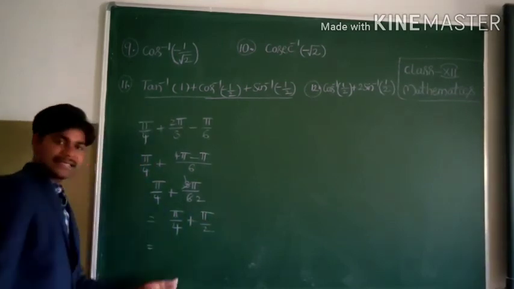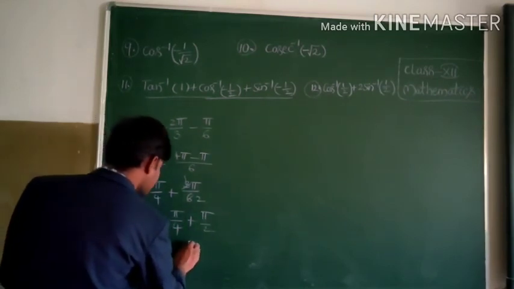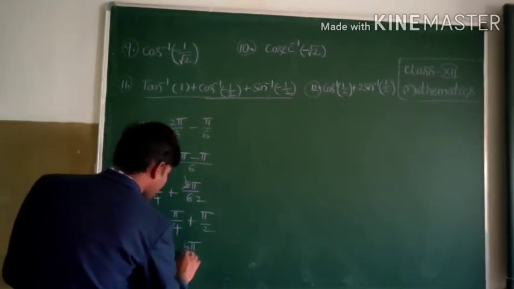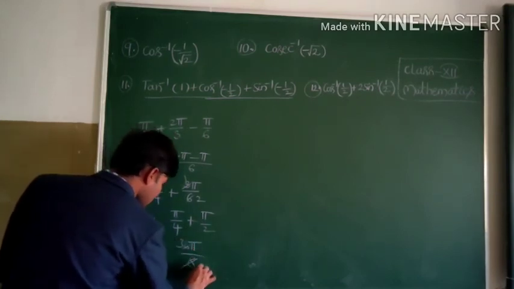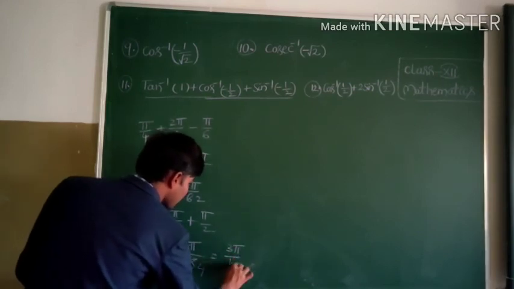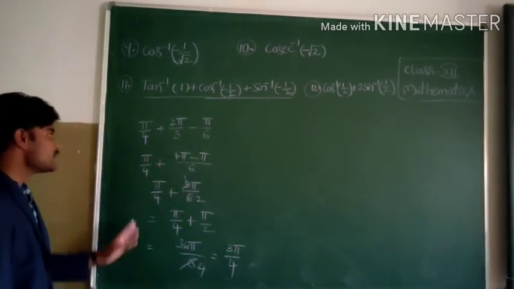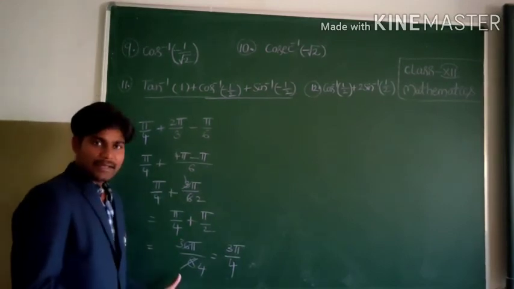Again you have to do the LCM, otherwise directly you can write 2 pi plus 4 pi, that is 6 pi by 4. So that is equal to 3 pi by 4. Clear? In this way you have to find the principal value of any given expression.